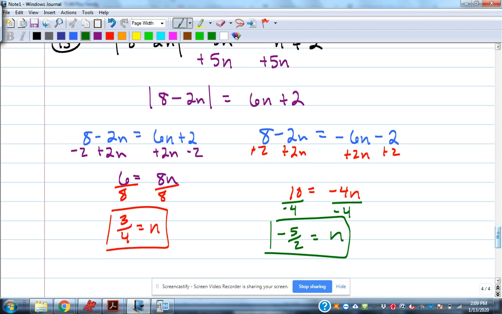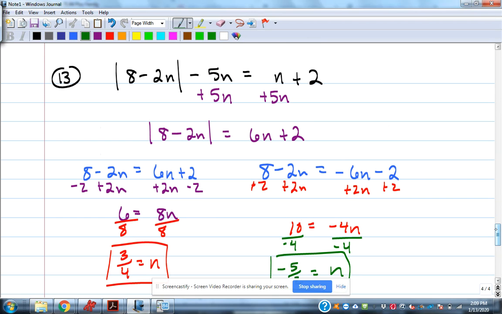Okay, so I got 2 fractions on that. But I just need to check them to make sure that they work in the original. And the original is a little bit more complicated because it has absolute value and some stuff that's not absolute value on the left-hand side. So we got to be careful about that. So 3/4, if I plug that in, here's the shortcut to this.